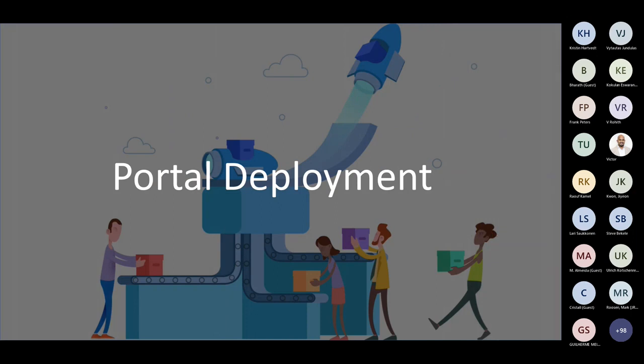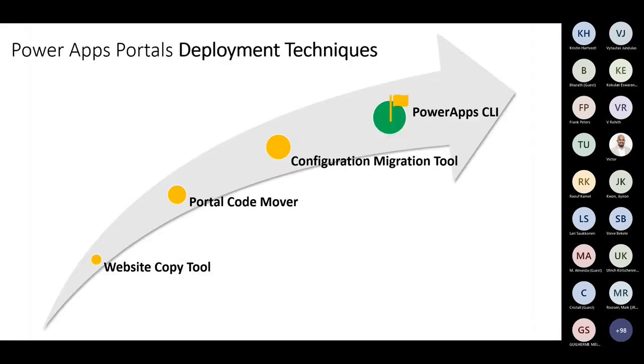Then the deployment part. Once your development is done, you have to deploy your configuration to the target environment, and here the different tools or extensions come into the picture. If I talk about the different deployment techniques, as I already mentioned, it started with the website copy tool when the ADX Studio portal was there. Then we had the portal code mover, and the XRM Toolbox was available.